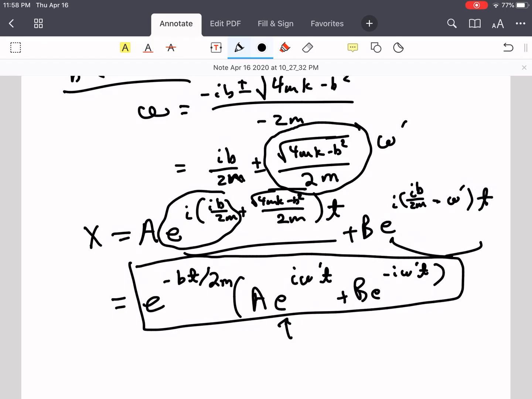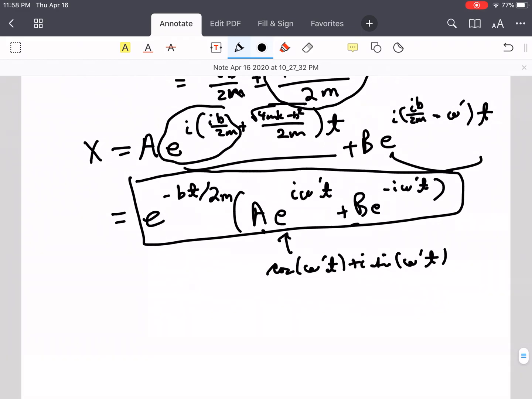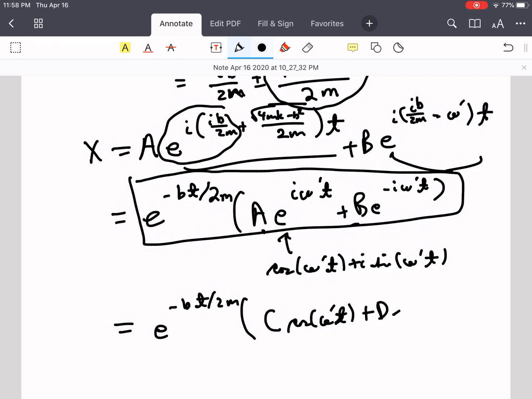Using the fact that e to the i omega prime t can be written as cosine of omega prime t plus i sine of omega prime t, and the fact that x is real, meaning I need to pick the complex numbers a and b such that the resulting thing is real, I can also rewrite this as e to the minus bt over 2m times, let's call it c cosine of omega prime t plus d sine of omega prime t.